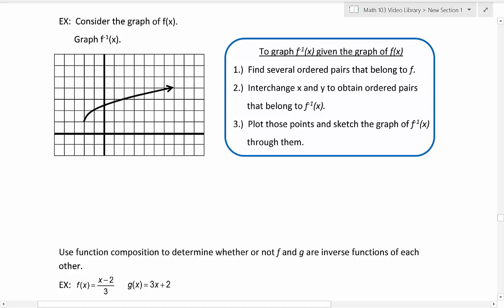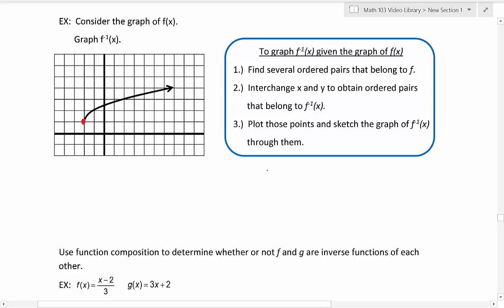Then we're going to interchange the x and the y values to obtain ordered pairs that belong to f inverse. This is what we did in the previous example. And then we'll plot those points and sketch the graph of f inverse through them. So let's start by finding some points.